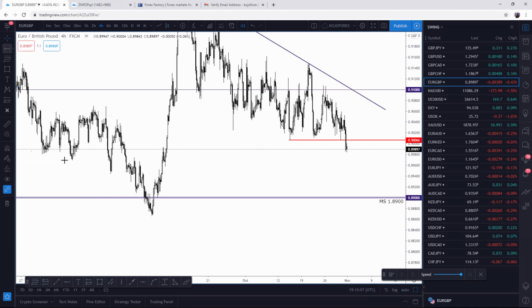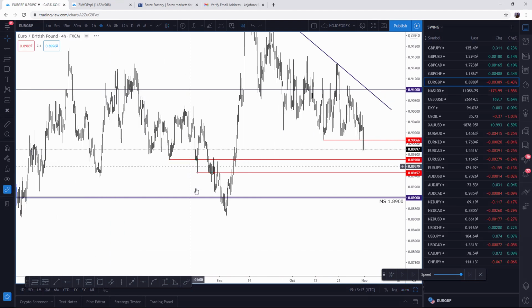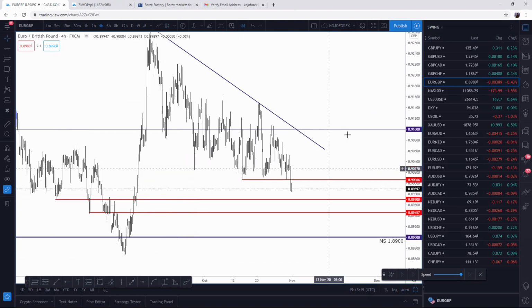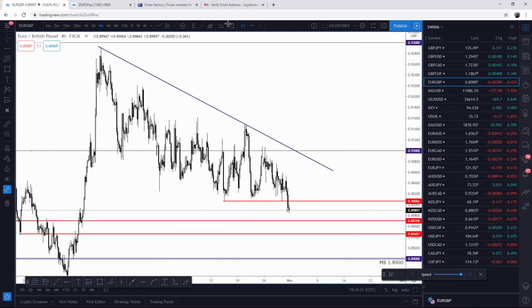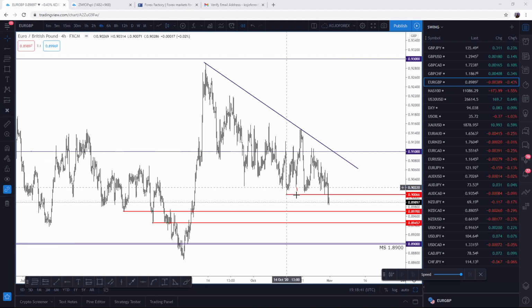Obviously, we want to see how the market will react on certain lows like this one here before we take a decision. I would have actually expected that once we were in that kind of wedge formation, we would have traded, rejected within this region, and traded back up into this region. But clearly, the market has a different opinion, and I cannot fight with the decision of the market. So yeah, that is basically it with Euro GBP.